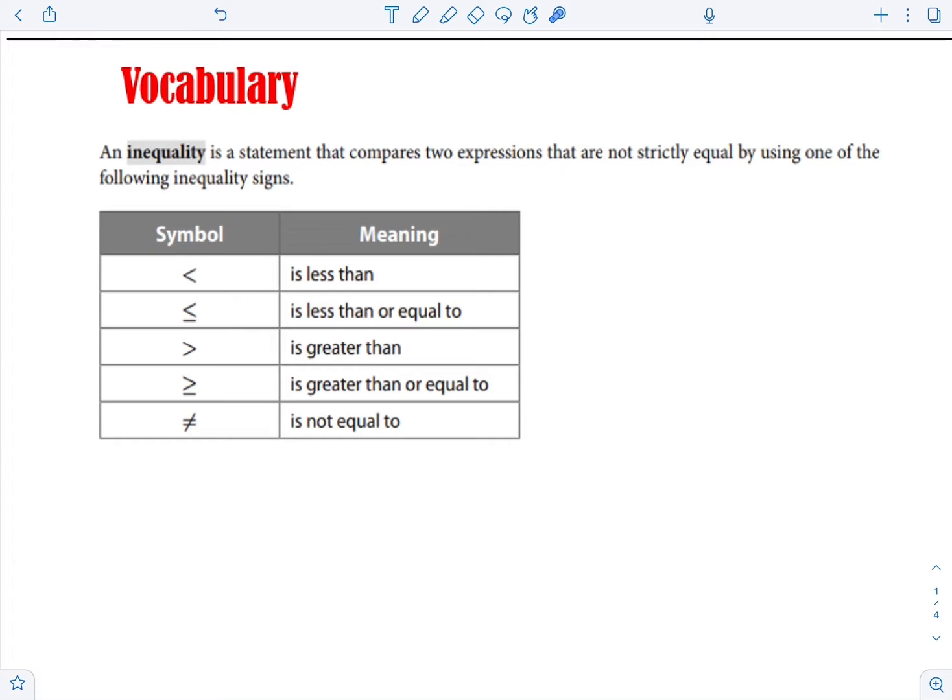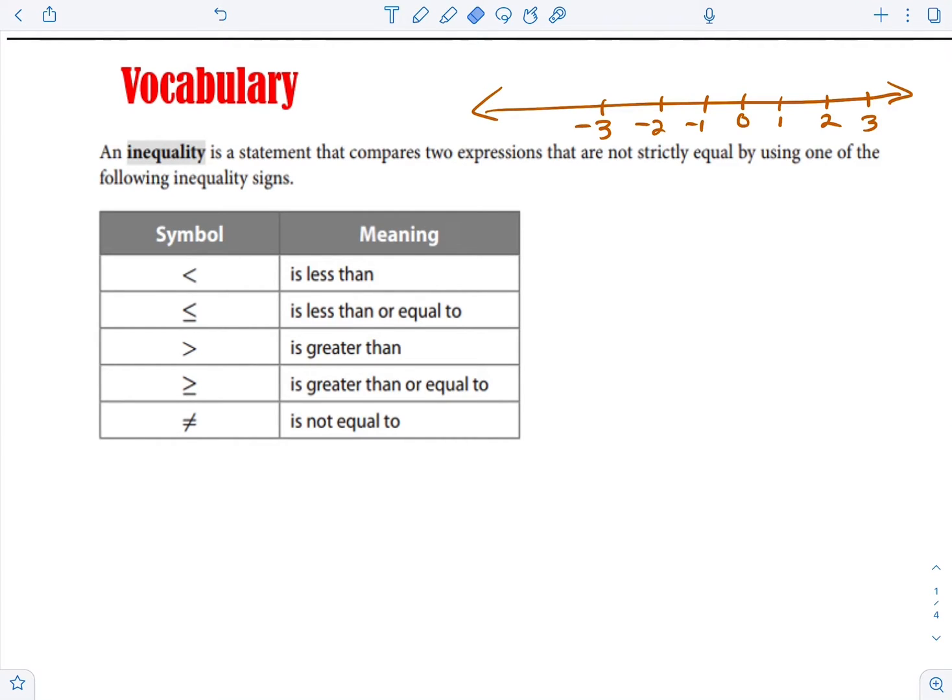So notice when you're pointing to the left, if we're looking at a number line, I like to use this because it kind of helps visualize some things. So that's 1, 2, 3, -1, -2, -3. And so when we're pointing to the left, notice everything's going down, so that's less than.